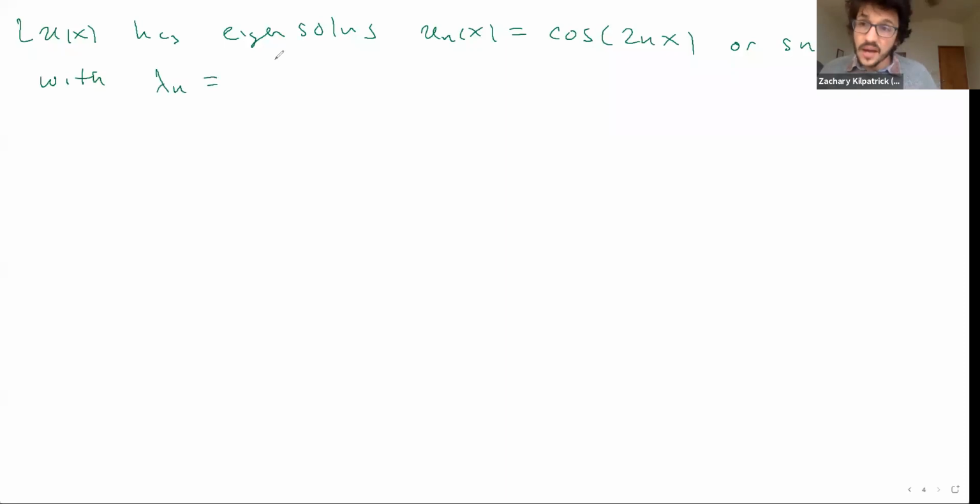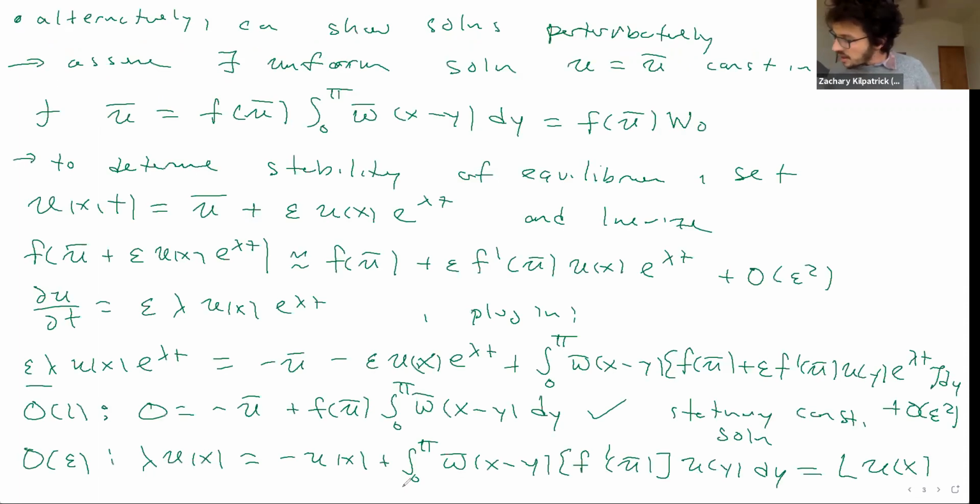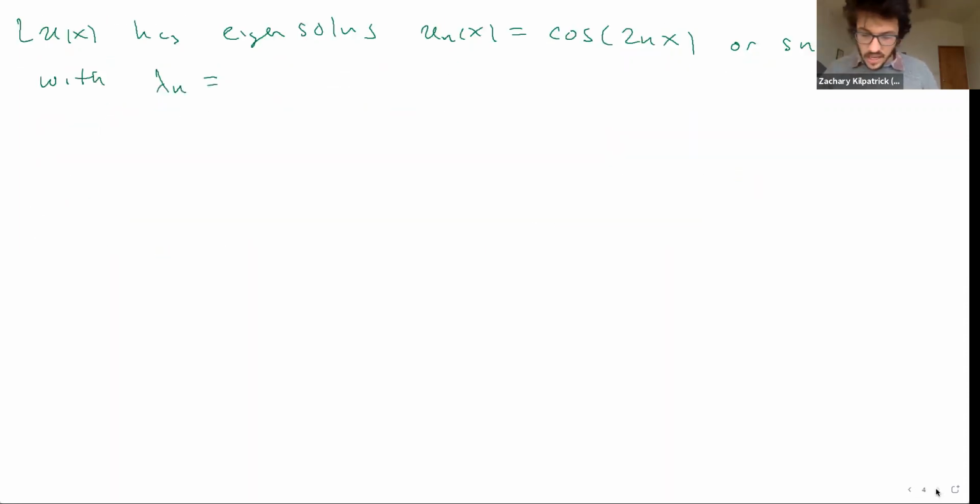And so when you plug this function in, and work out what the eigenvalue should be, you get lambda n equals -1 plus f prime u bar wn over 2, for n any integer.